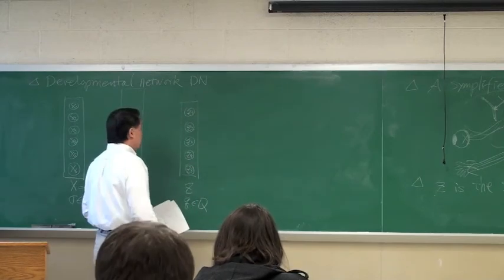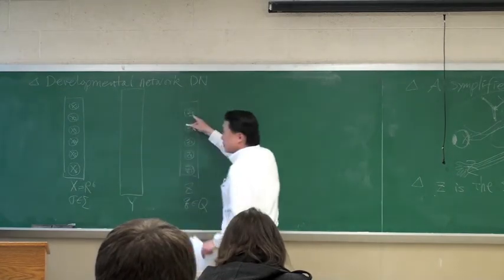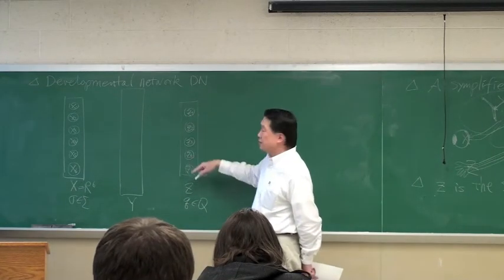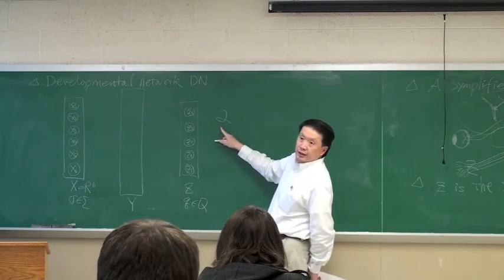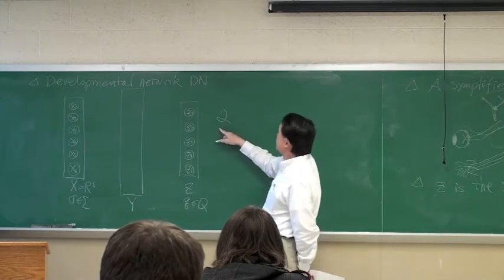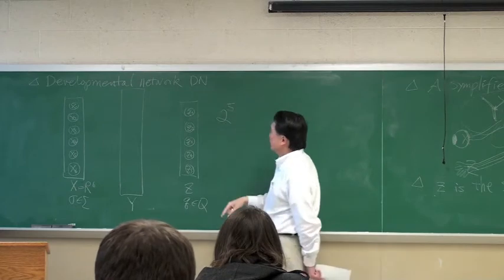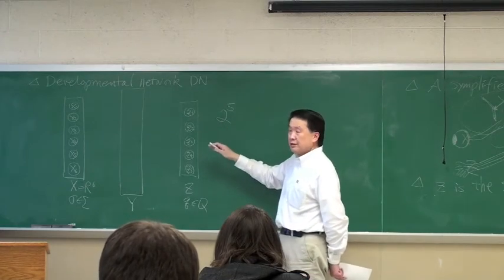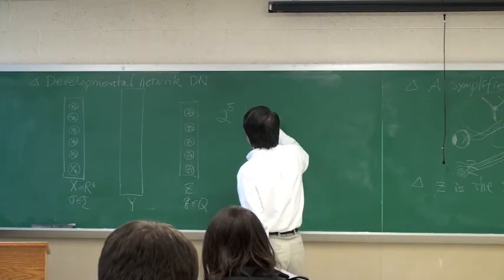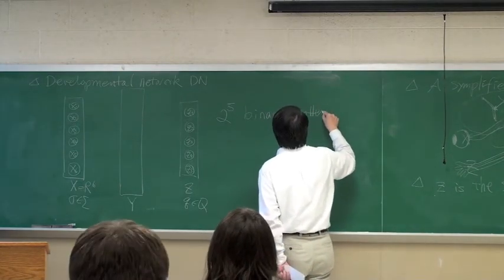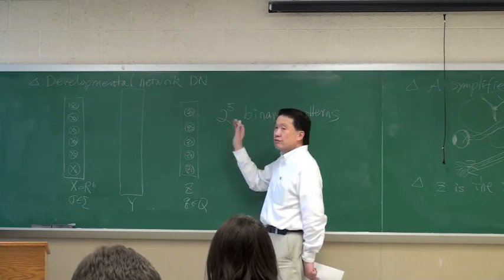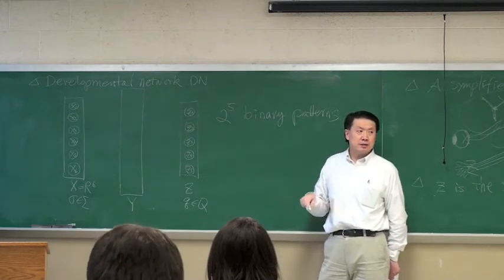Now I'm asking, if these are 0, 1 only, you have 2 things to do for each, and I have 5 things to do. So if it is a binary pattern, you have 2 to the 5 binary patterns.